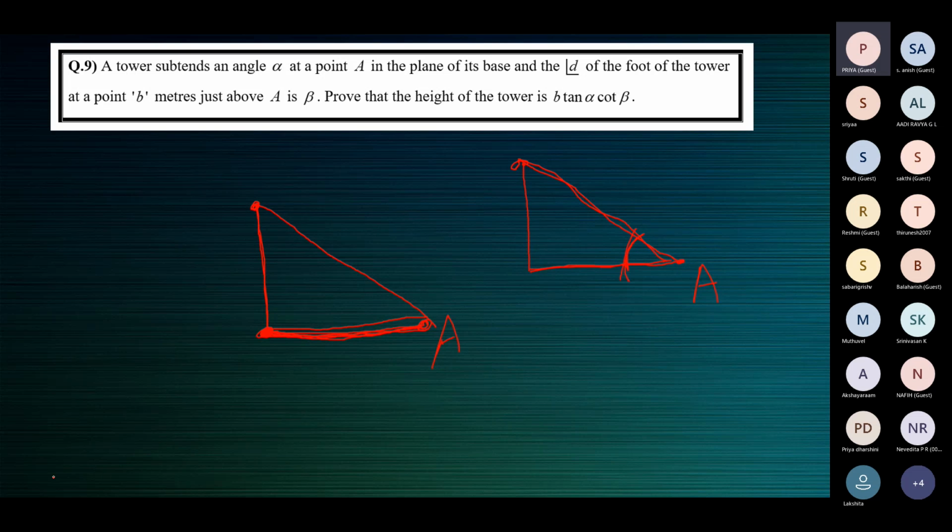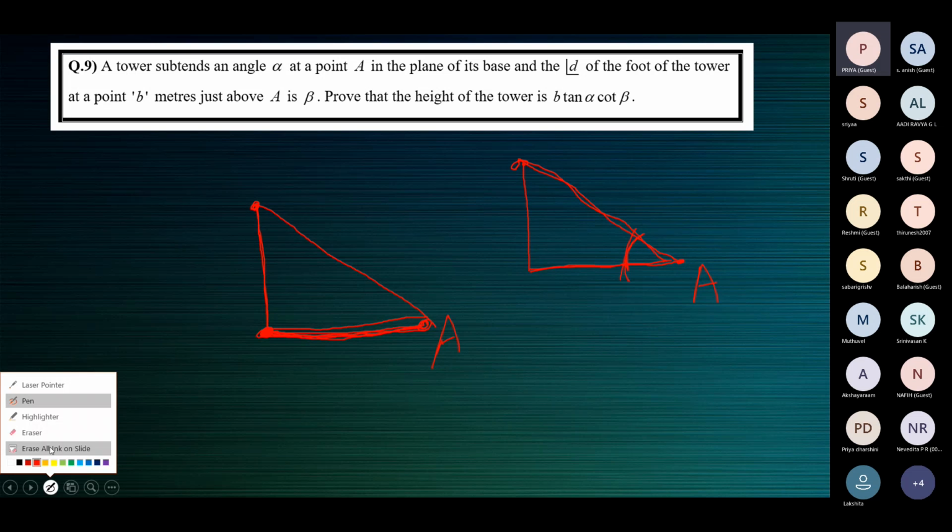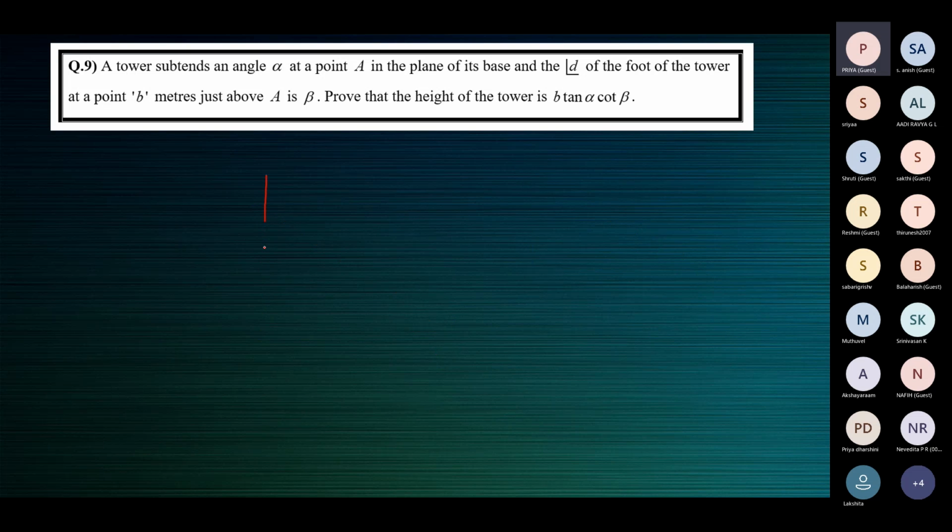I'll tell you again. The tower, point A. The tower subtends an angle alpha at A. Subtends meaning this is one end of the tower, the bottom of the base, and this is the other end, the top of the tower. Here it's represented by a line segment with two ends.